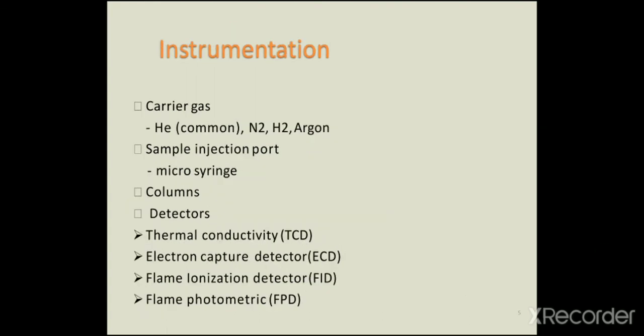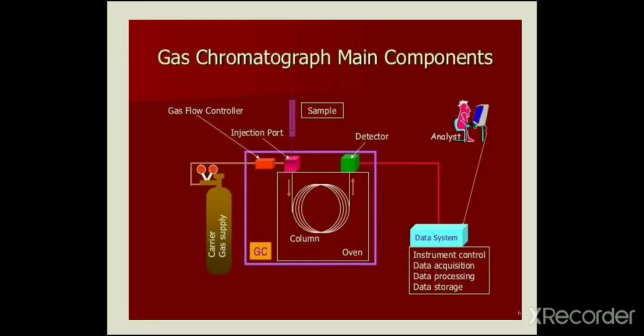Next is the instrumentation of gas chromatography. The components of gas chromatography are first the carrier gas, then the sample injection port, then the column and the detector. Now we will see these one by one. Here you can see the components of a gas chromatograph.